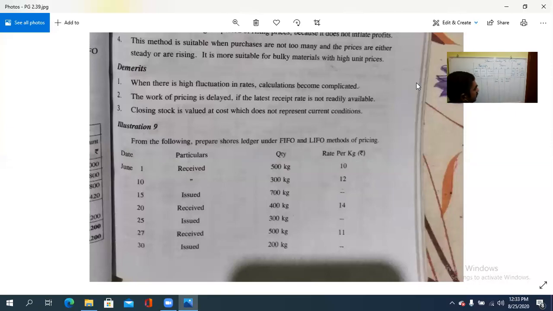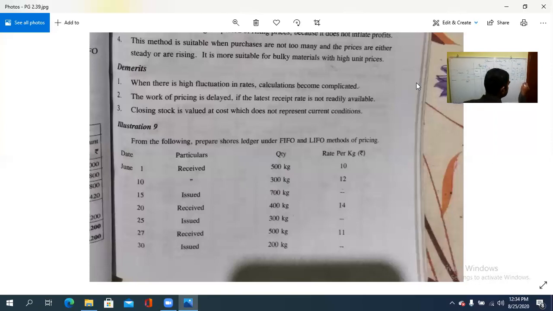I will put the receipt and balance in blue ink, and the issue in dark blue for your identification. So now the balance: the first lot is fully utilized. Out of the 300, 200 is utilized. So balance is 100, so 1,200. See, out of 3,600, 2,400 is gone.